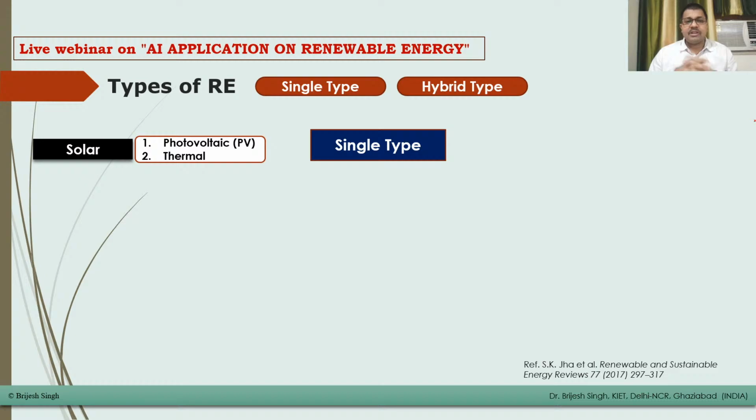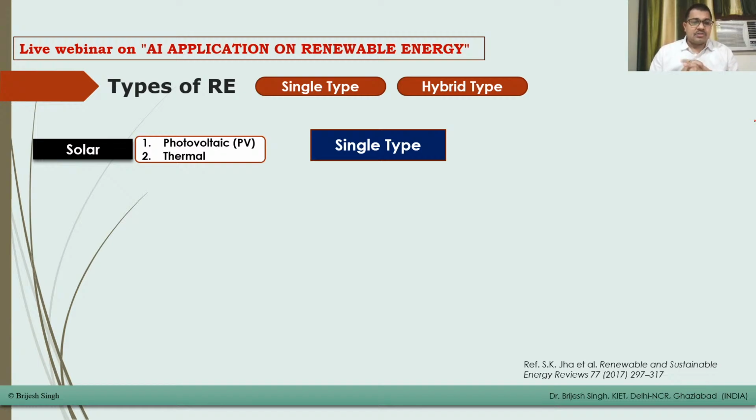Solar has two types of energy, one known as photovoltaic and the second known as thermal energy. If you are harnessing power from solar energy using the solar PV panel to convert photonic energy into electrical energy, that means you are using the photovoltaic energy of the sun for generation of electricity.